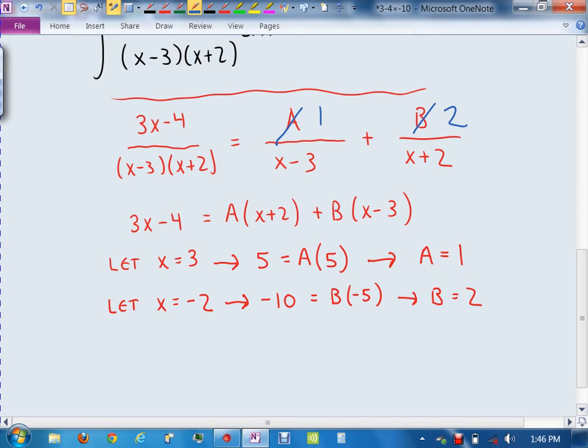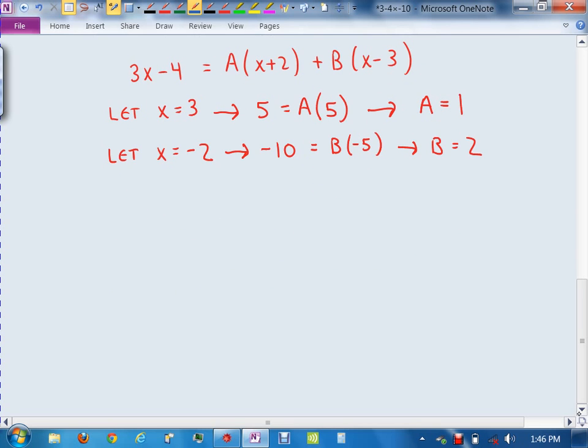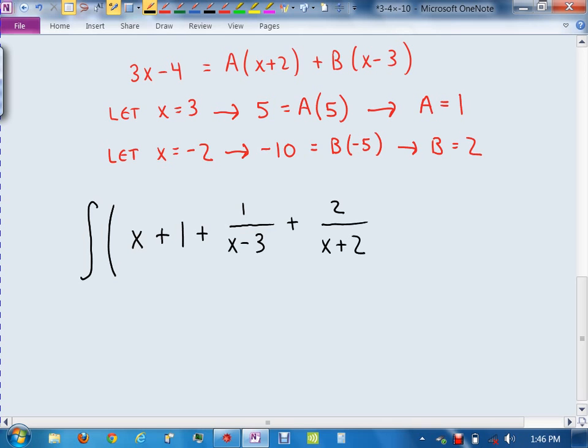All right, we're there. We have to just do the integration. So I'm back now to the original problem. The original integral turns into, what was it? x plus 1 plus what we just figured out, which was 1 over (x minus 3) plus 2 over (x plus 2), dx.